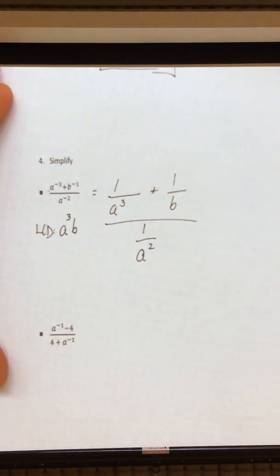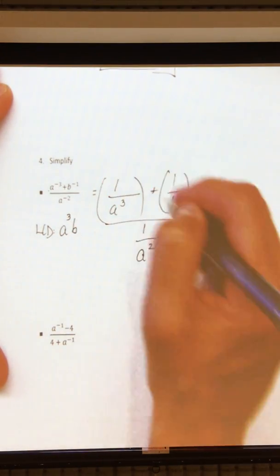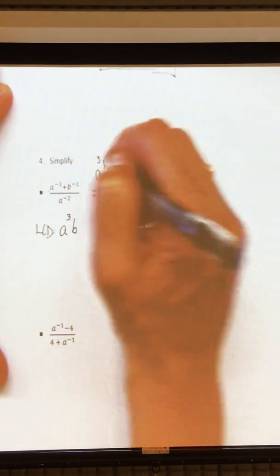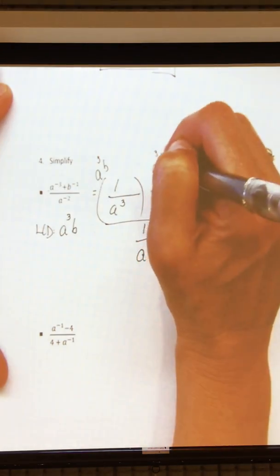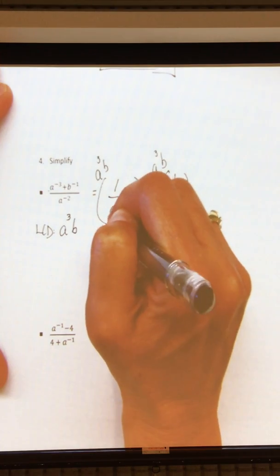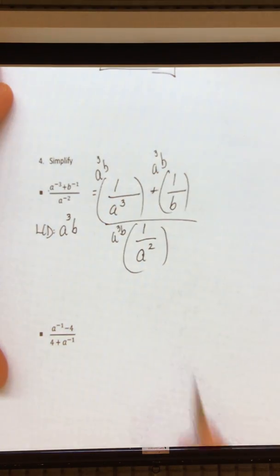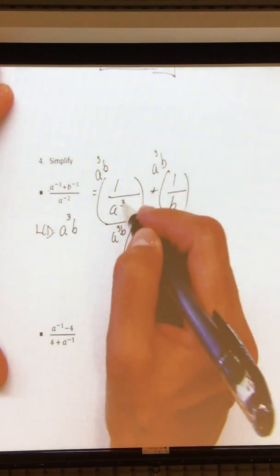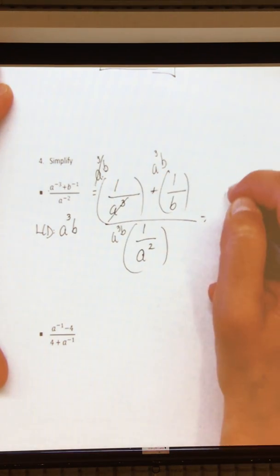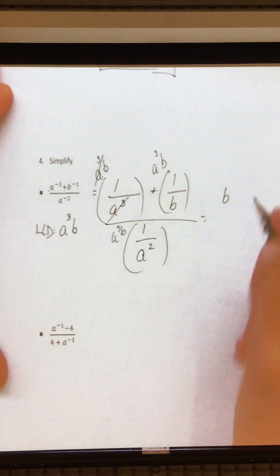a b. So we multiply all terms by our least common denominator, which is a cubed b. So here for the first fraction, our a cubes cancel, leaving us with a b times 1.